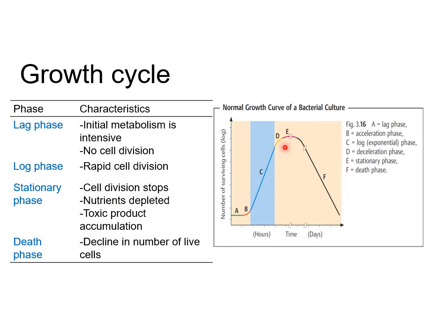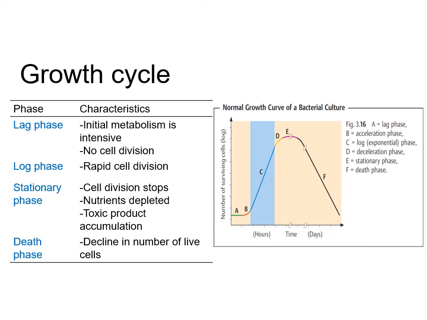The majority of the cells at this stage are not going to divide because as the growth progresses, nutrients will be depleted, toxic materials will start to accumulate, and this will not allow the bacteria to survive. The fourth stage is the death phase, where almost all of the bacteria will not be alive. So the number of live cells will go down.